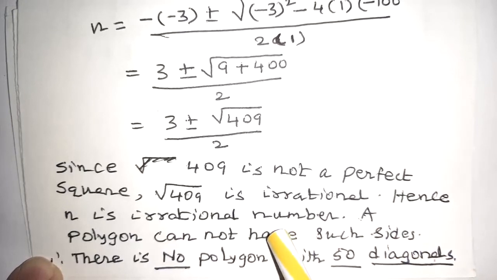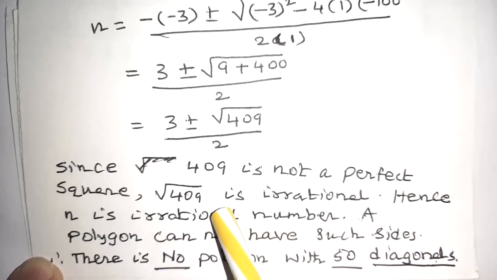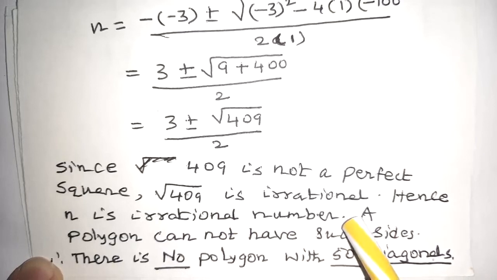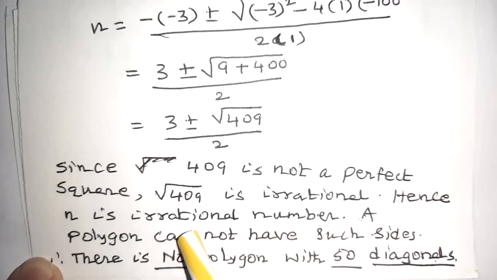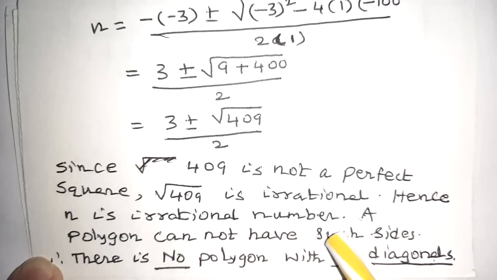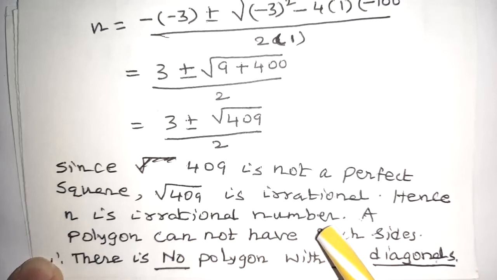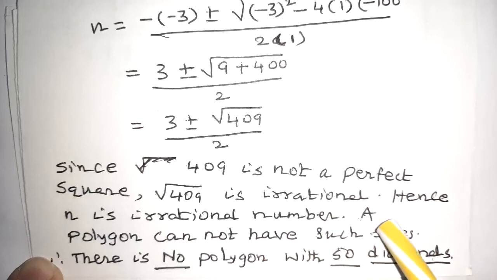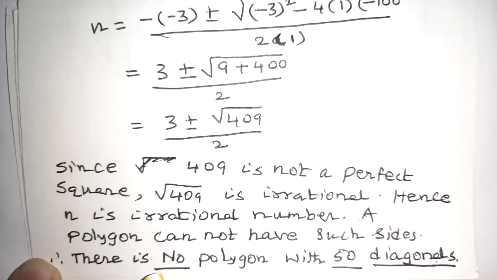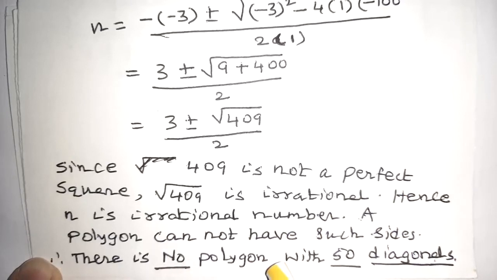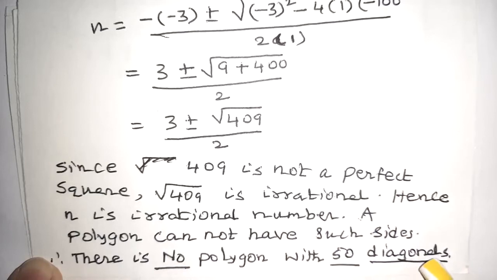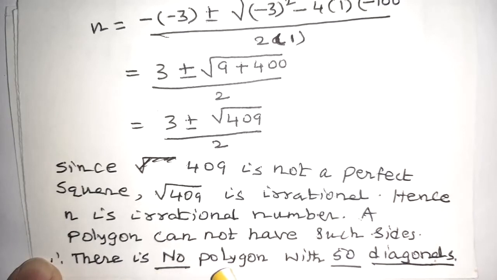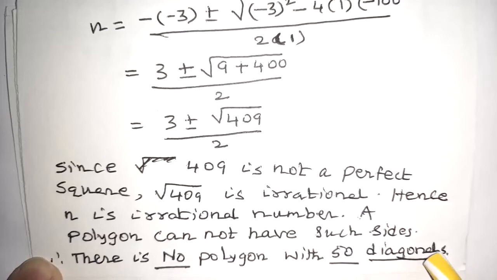We cannot have such a polygon. That is, number of sides cannot be an irrational number. It should be a positive value. Therefore, there is no polygon with 50 diagonals.